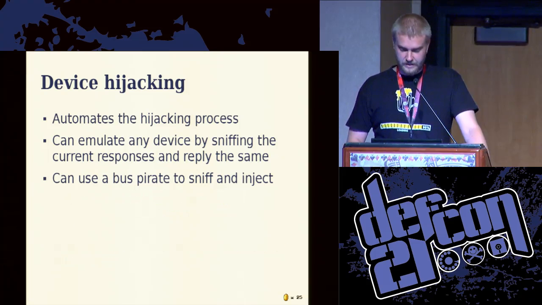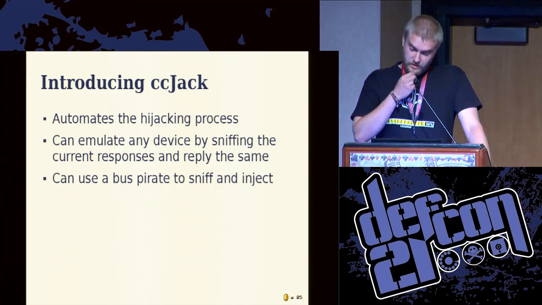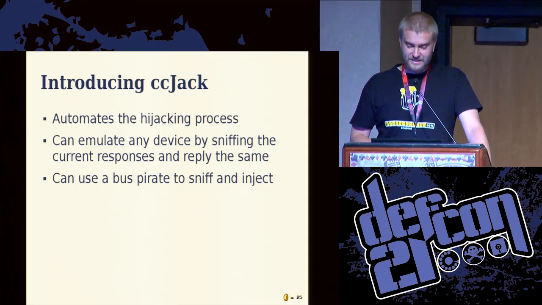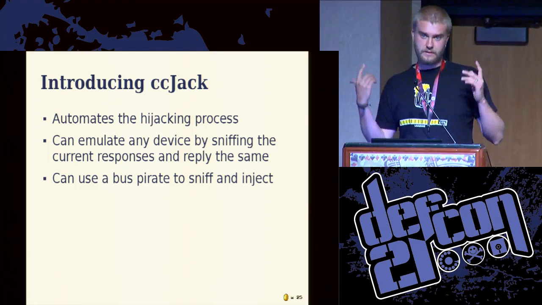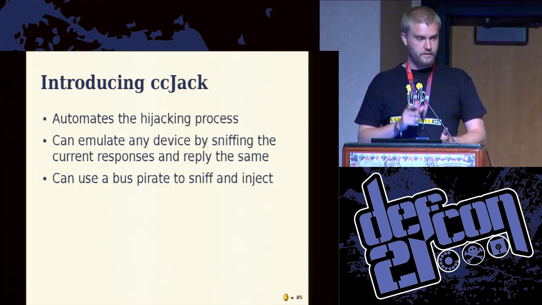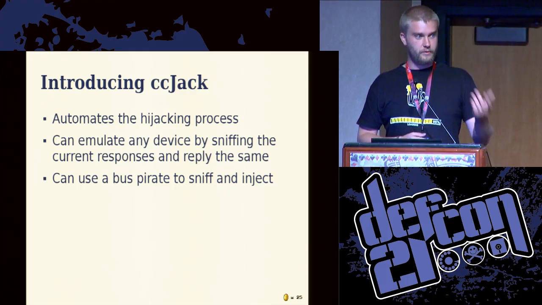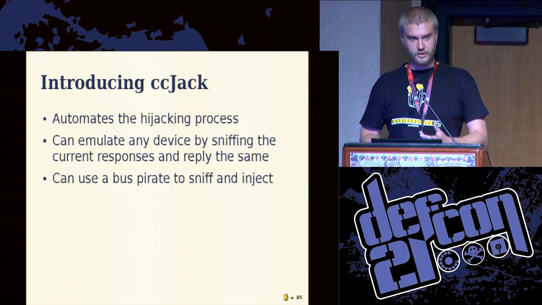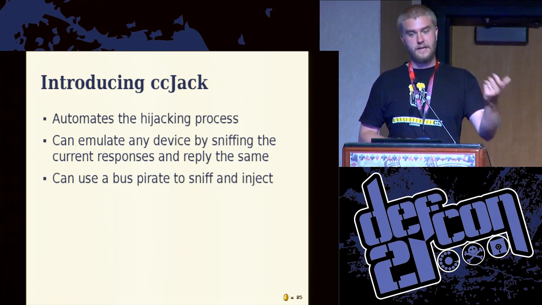It's quite complicated. So I created a tool called CCJack, which automates the hijacking process. It can emulate a device: it scans the bus, reads every packet that passes on the bus, and for each packet directed to the device you want to hijack, it records the request and the response.